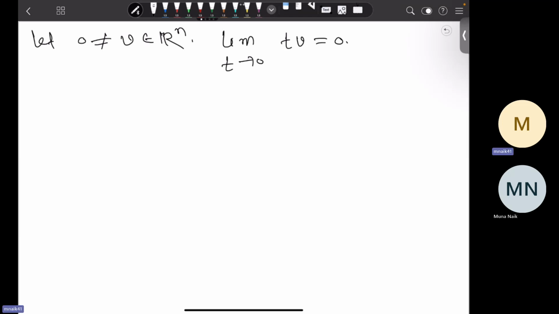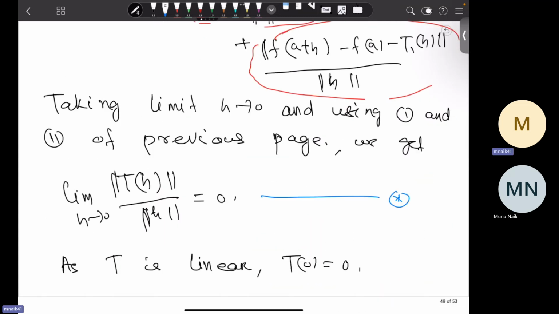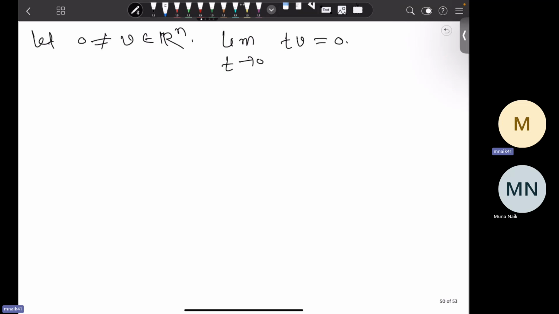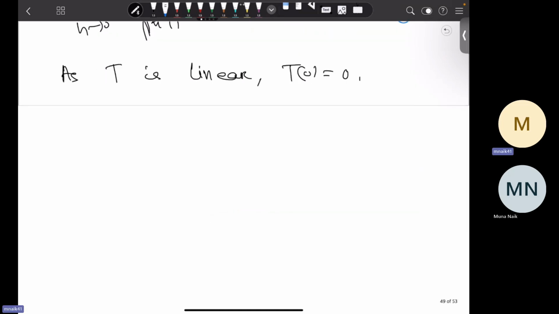Okay, so call this as (i). So from (i), what will I get? Since this limit t tends to 0, tb is equal to 0.